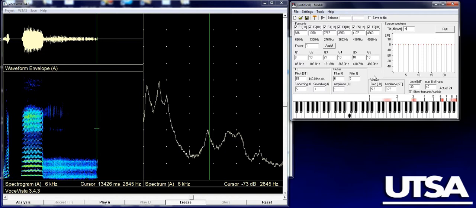And then that enables you to do some experimenting. Okay, what would it sound like if I sang that vowel slightly more closed or more open, or if my vibrato was a little narrower or wider. It enables you to kind of hear some possibilities for your voice, and the computer is kind of helping you model for yourself so you can kind of hear what that would be like.